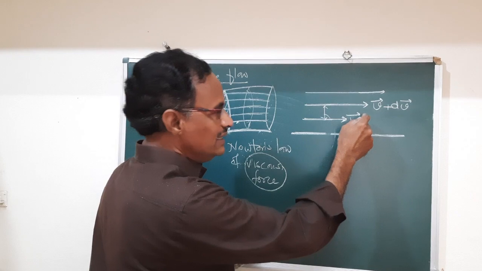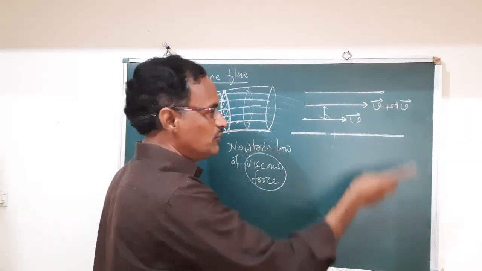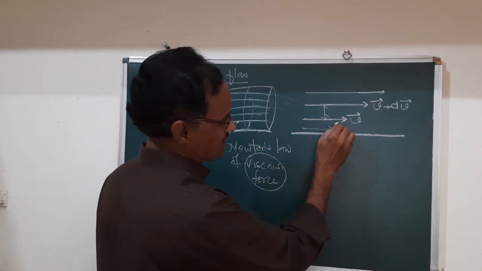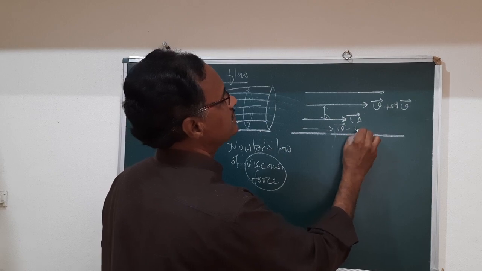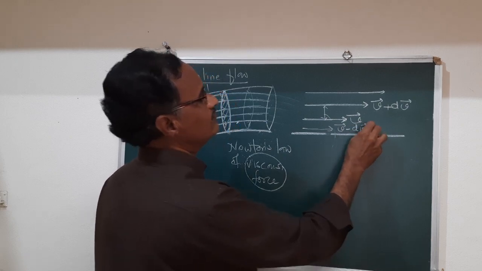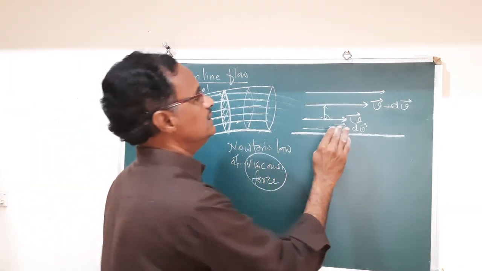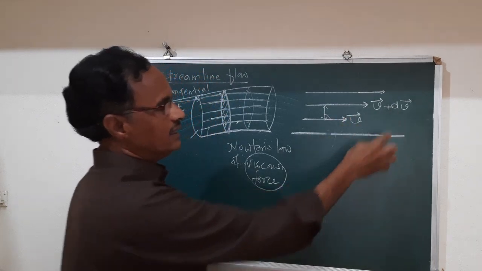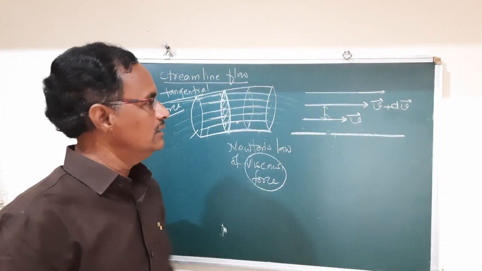There is an increment of the velocity by dv. If you consider the lower layer, then the velocity will be v minus dv. But we consider the increment of the velocities of the layers as we go above the layers.